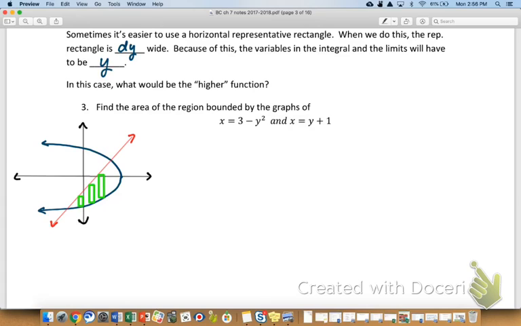And the truth is, they would all be dx wide, and then wouldn't their height be based on essentially a y value minus another y value? Does that make sense? So somebody might be really tempted to say, I just want to use x's, so I'm going to go with vertical representative rectangles and dx's, and it's all going to be the way that it normally is.